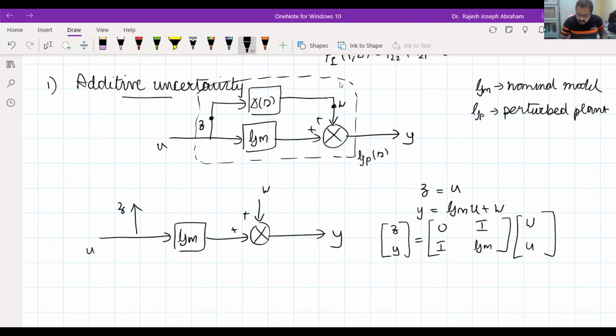So this is now in the form [Z; Y] equal to [P11 P12; P21 P22] times [W; U]. Here W happens to be a scalar, because there is only one exogenous input.